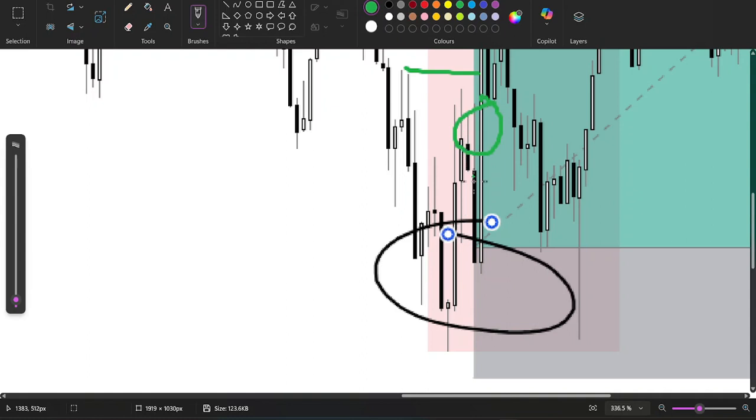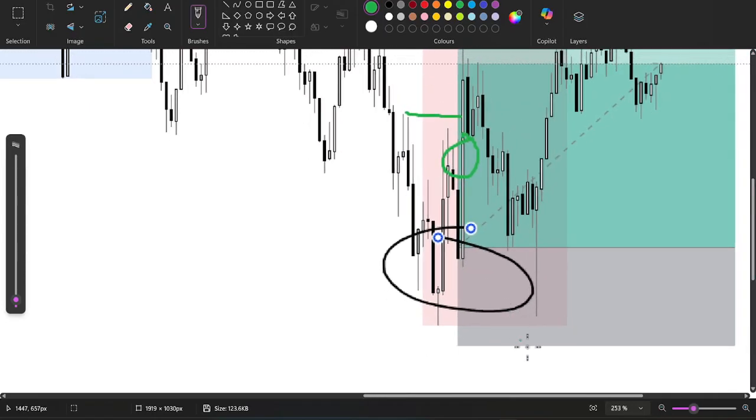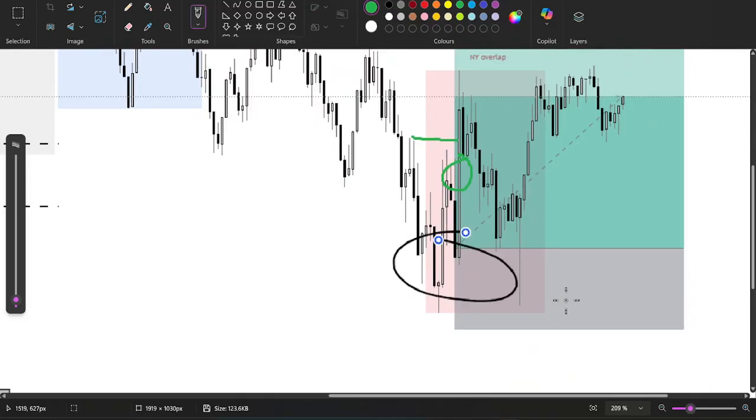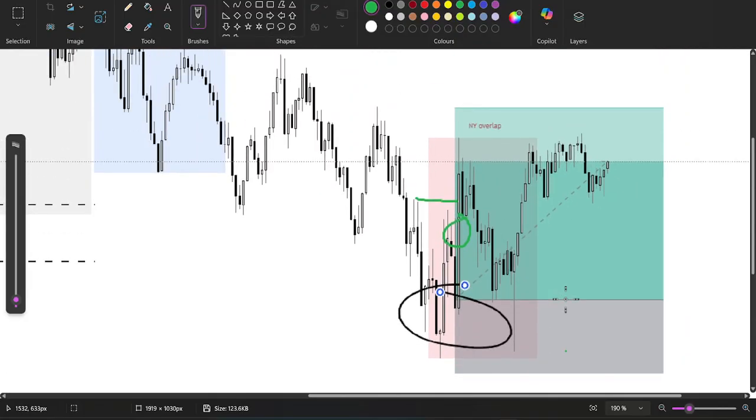But when price comes back down into it, this part is already used. That's my logic, my current thinking level. You may have another idea, but this is my idea.